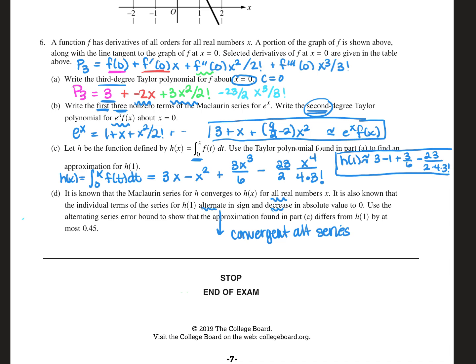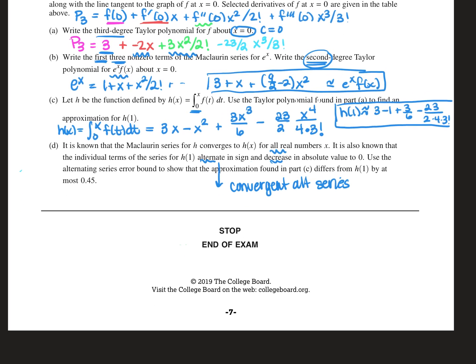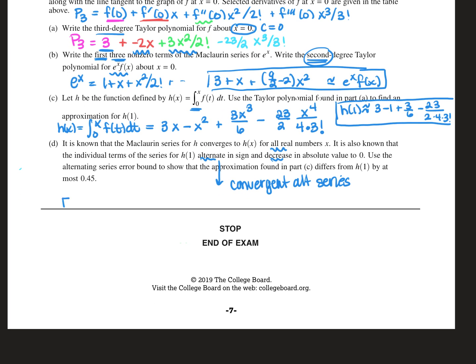Use the alternating series error bound to show that the approximation found in part C differs from h of 1 by at most 0.45. So for a convergent alternating series, the error is less than the first omitted term.